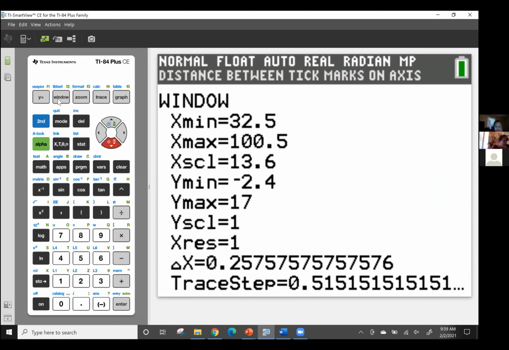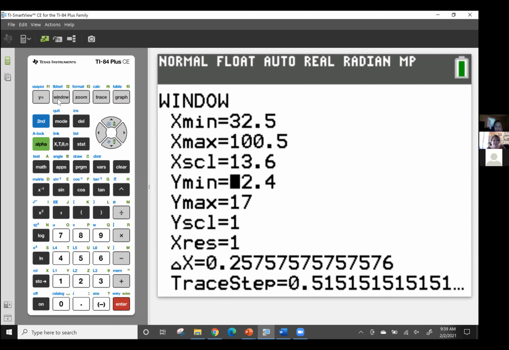I already have it typed in, but you can type it in and your calculator will calculate it for you. So I typed it in with parentheses, division by, I want to divide by 5 because I wanted 5 bars in my histogram. So my scale is 13.6.